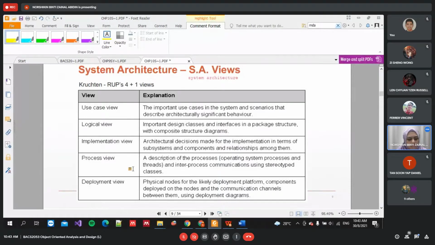And then the implementation view: architectural decisions made for the implementation in terms of subsystems and components and the relationships among them. The implementation of these subsystems and components, and how they relate or associate with each other. And then the process view: a description of the processes and threads and inter-process communication.